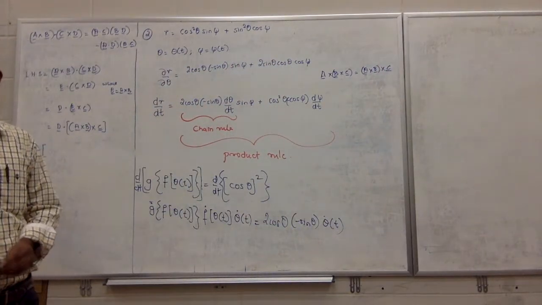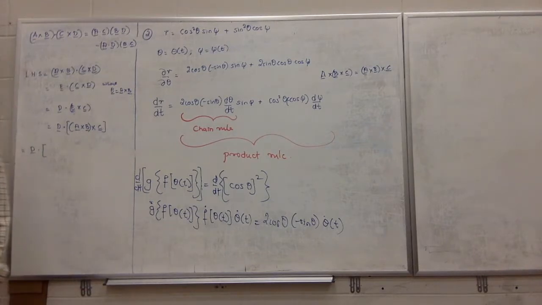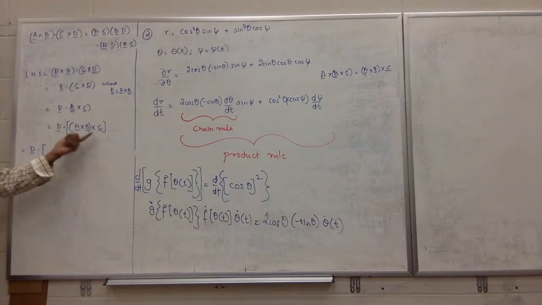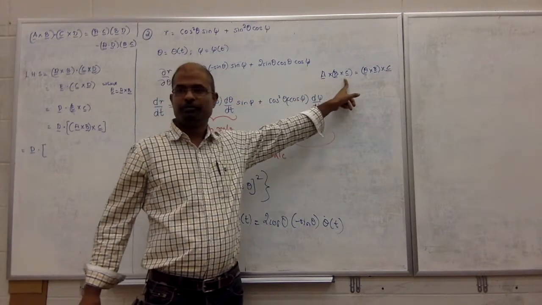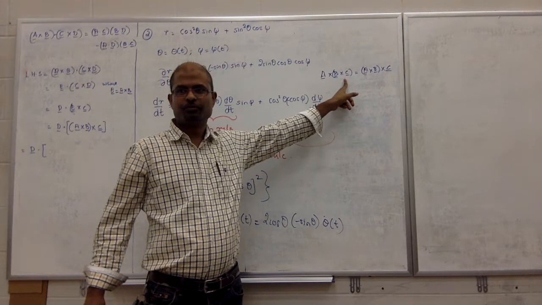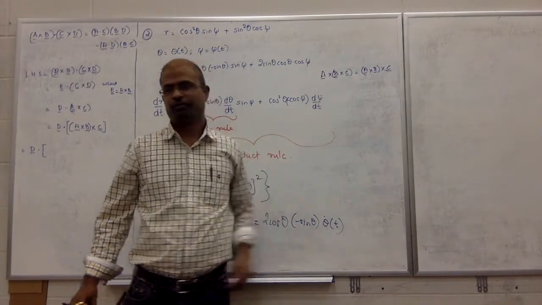Those are not equal, but you have to switch that one around, negative, and then those two are equal. You can apply the BAC minus CAB rule to this, but you have to switch it around. You don't have to if it is equal.